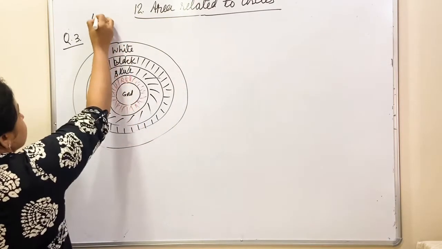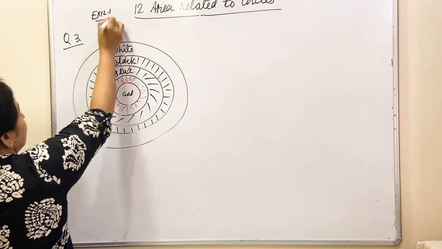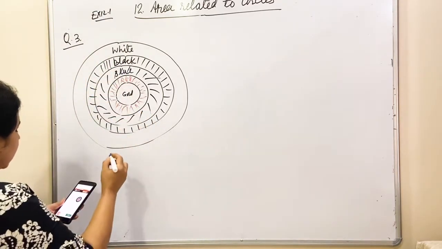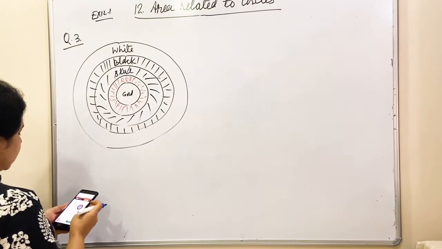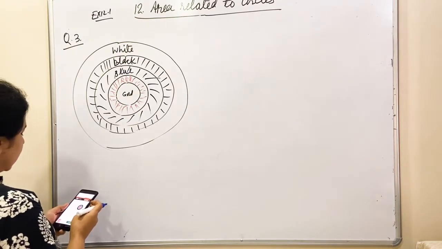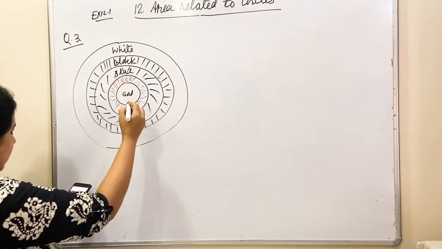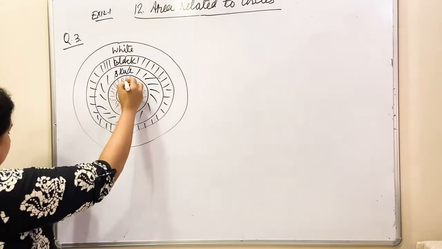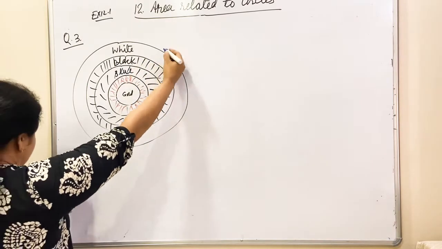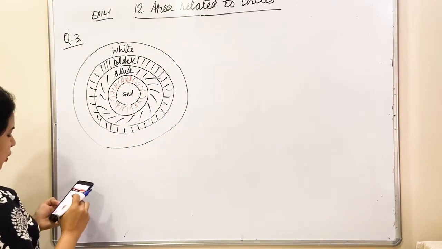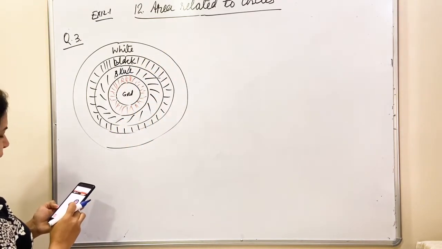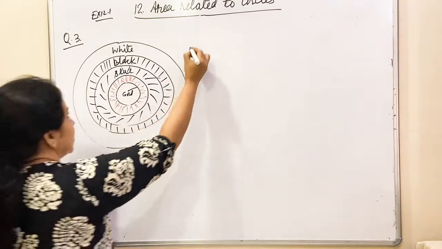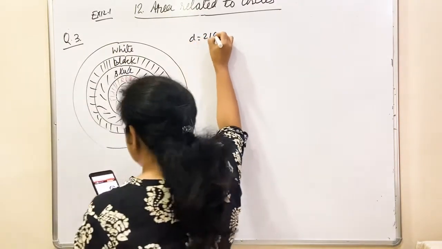This is exercise 12.1, problem number 3. Here the figure depicts an arbitrary target mark with its 5 scoring regions centered towards as gold, red, blue, black and white. The diameter of the region representing gold score, that is this region, the diameter is given 21 centimeter.